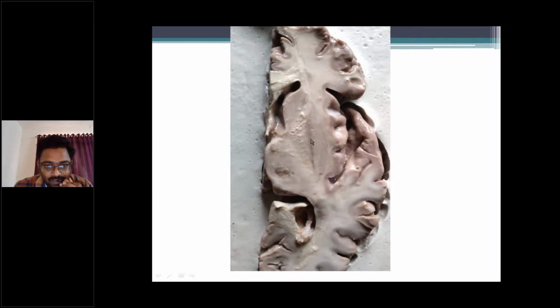Caudate nucleus and lentiform nucleus are divided by the internal capsule. This is the internal capsule: anterior limb, genu, posterior limb. So identify this one.